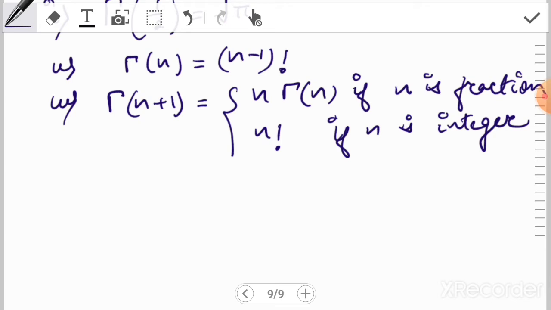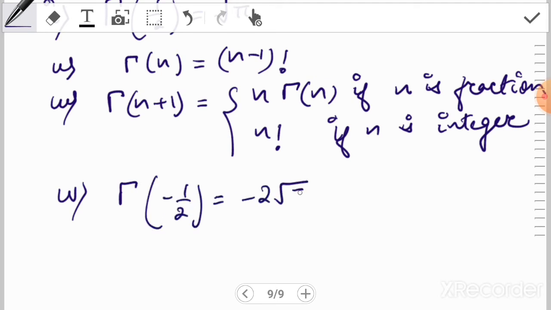Next, gamma(-1/2) is equal to -2 root pi.